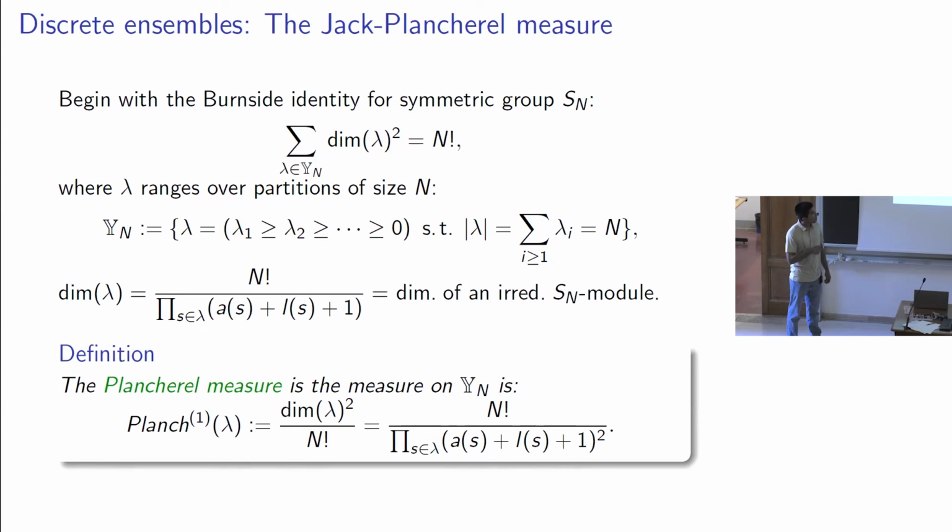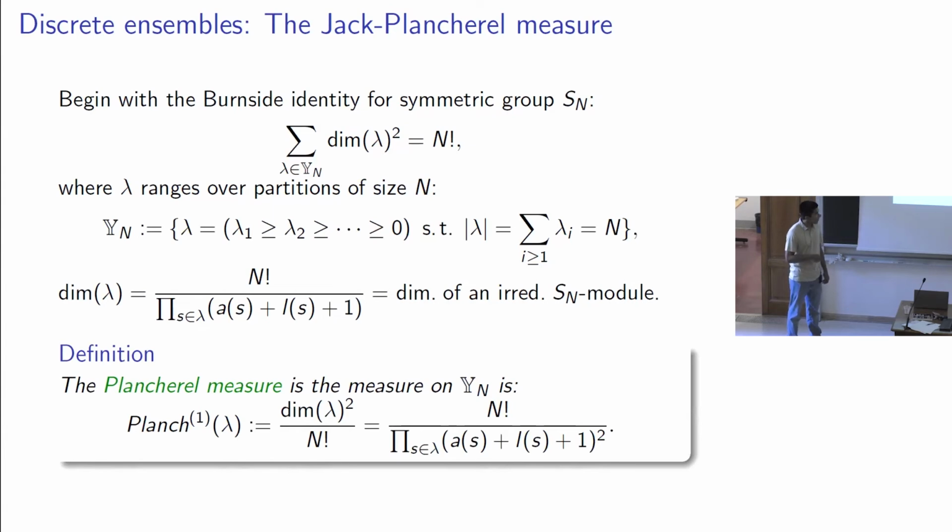But if I use the hook length formula, also a classical result in representation theory of the symmetric group, the dimension of lambda is n factorial divided by the product of hooks. Then the Plancherel measure is given by n factorial divided by the product of hooks squared.